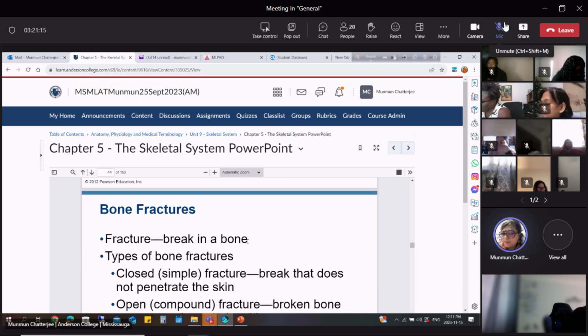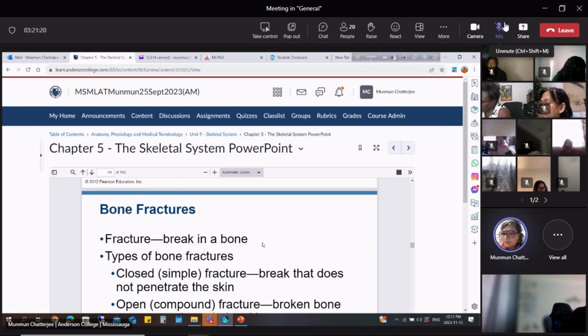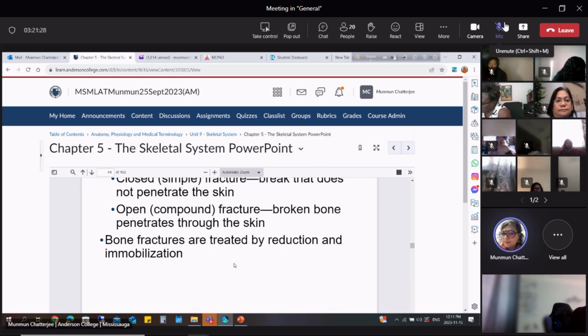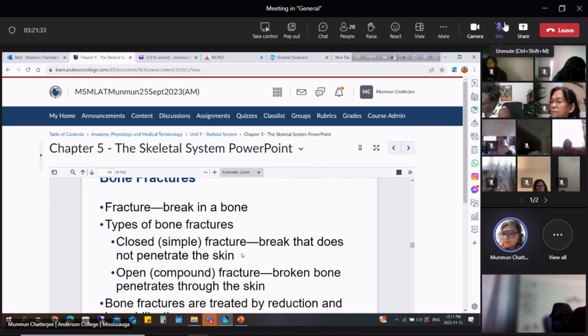So now we are going to different types of bone fracture. Fracture means break in a bone. These types of bone fractures are important. Any one of them is going to come in questions. So types of bone fracture are closed fracture or open fracture. Closed fracture is a simple fracture, a break that does not penetrate the skin.